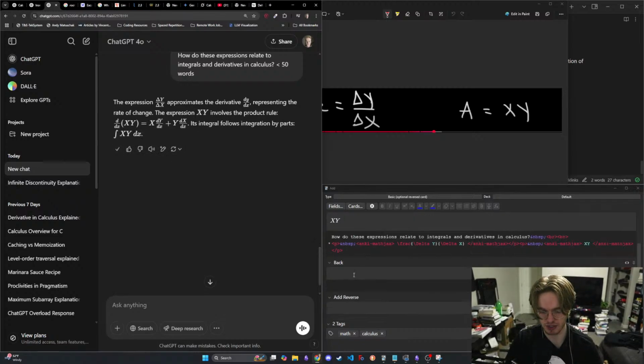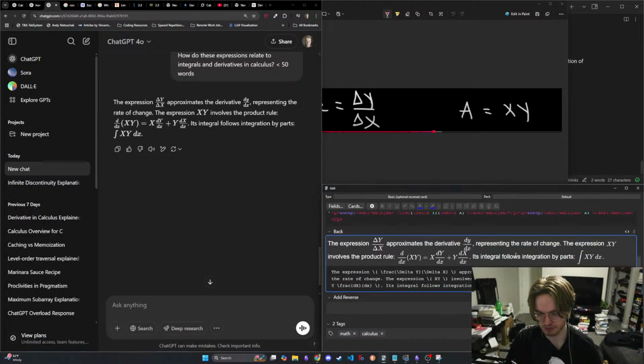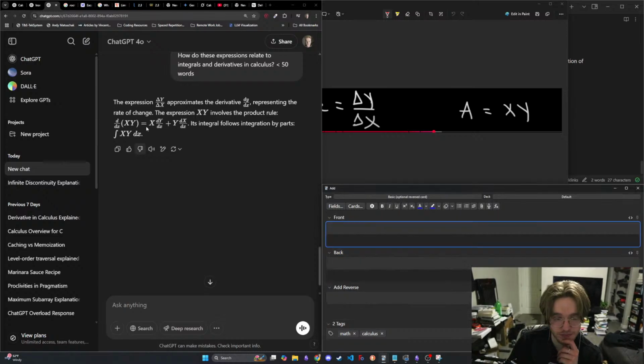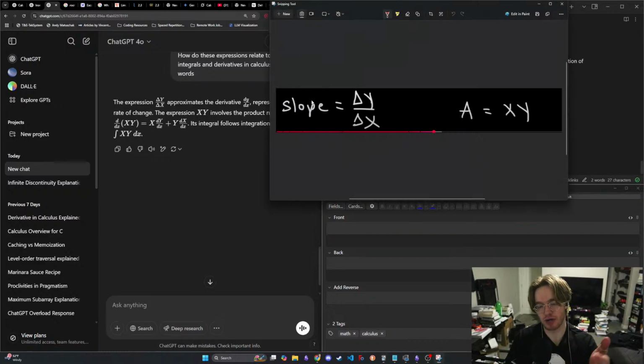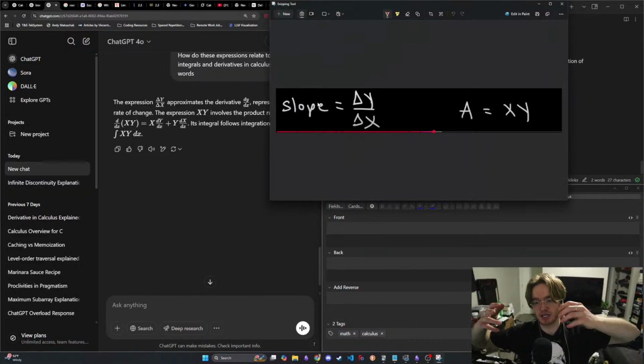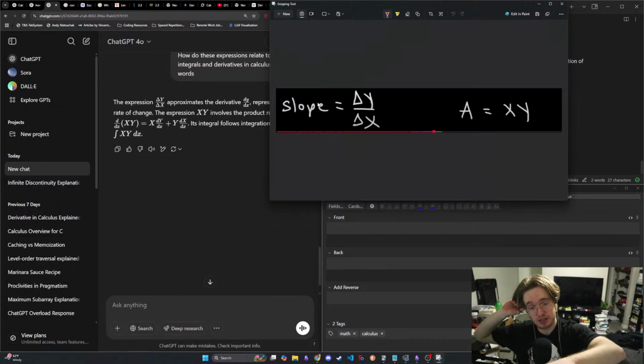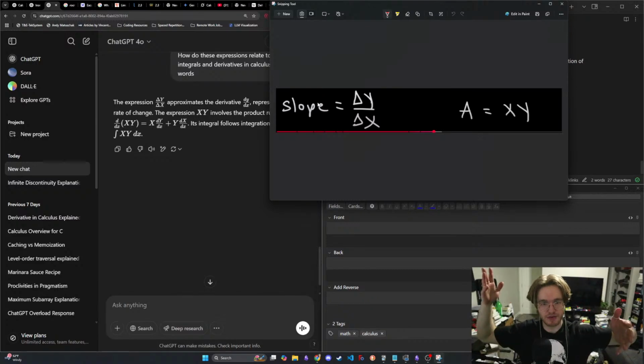That is what I was wanting. So what I was wanting is there's this big idea here where, when we're taking a definite integral, we want the area, and when we're doing a derivative, we want the slope.